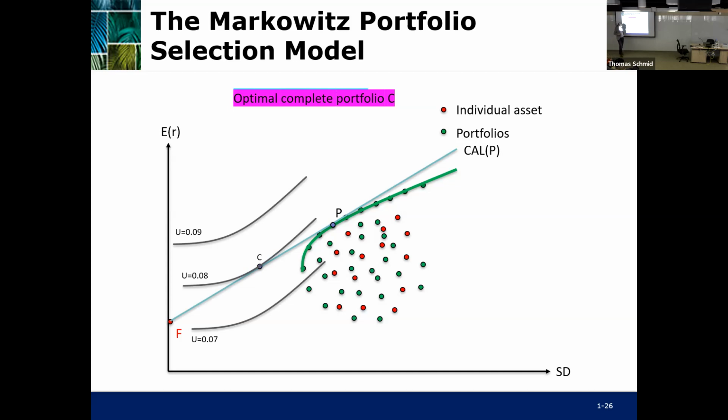So in practice, in reality, the hard part is really to estimate this green line, the efficient frontier. Because to estimate this efficient frontier, you need to have all the covariances and variances and expected returns. But if you had the perfect data, and if we knew the exact correlations and expected returns and risks, it would be easy.